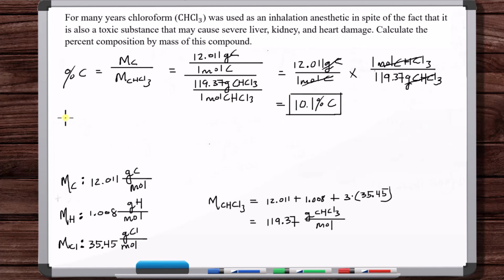Okay, so now the percent hydrogen: take the molar mass of hydrogen divided by the molar mass of CHCl3.